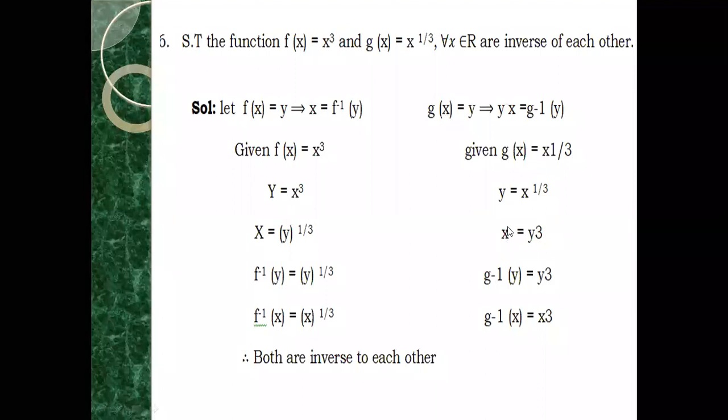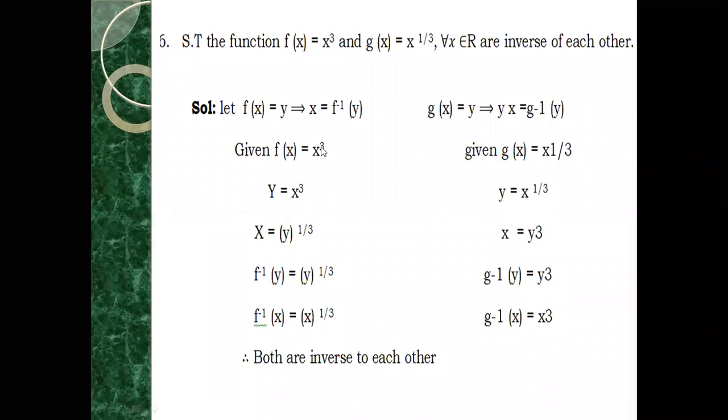So here we replace the x value, that is g inverse of y is equal to y cube. Now we replace y by x. We get the inverse function of g, that is g inverse of x is equal to x cube.